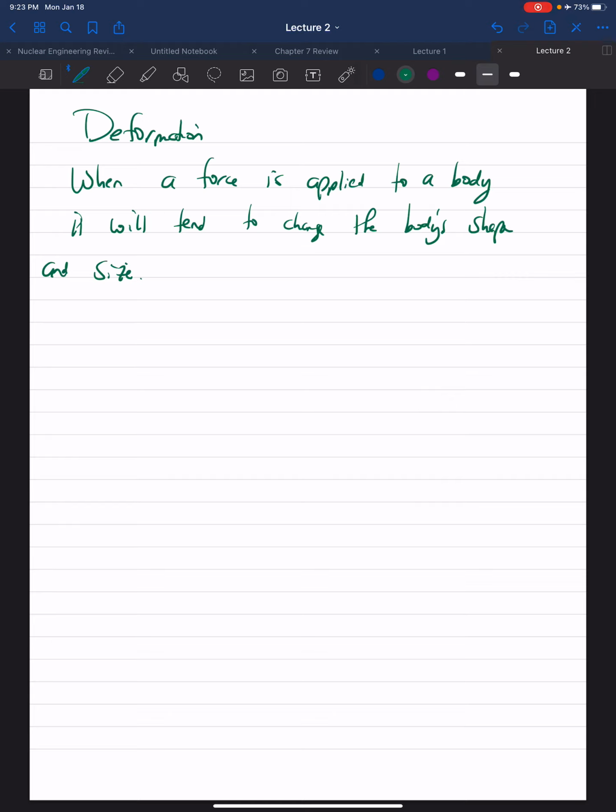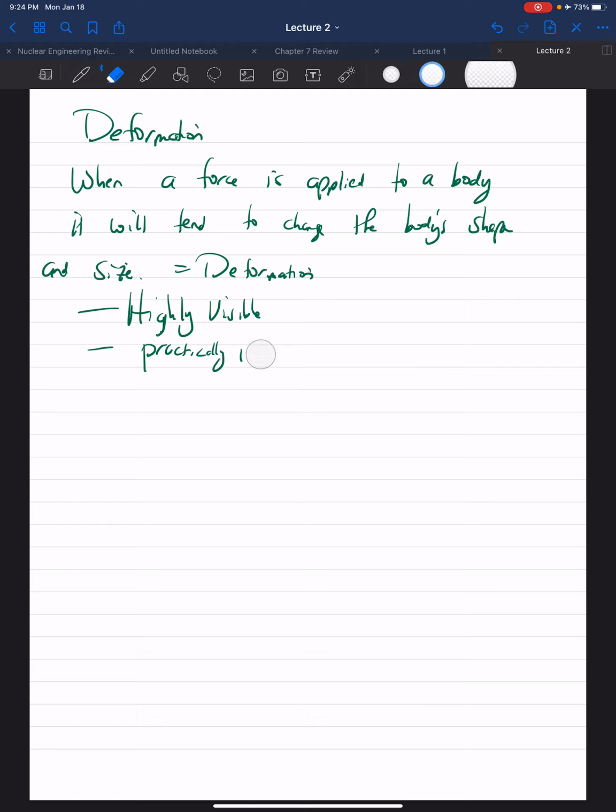These changes are called deformation. They can be highly visible or practically unnoticeable.